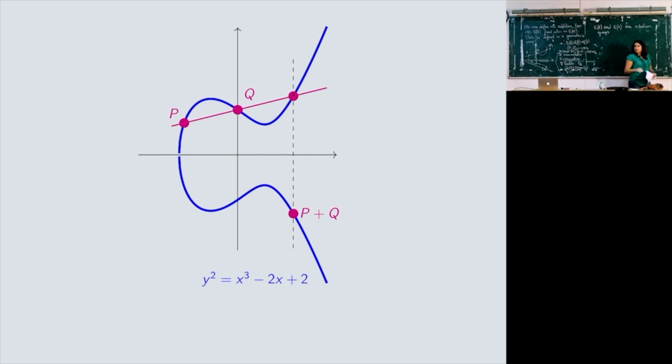Abelian is for commutative. And on this is based what we use nowadays, which is the Diffie-Hellman key exchange, elliptic curve key exchange.